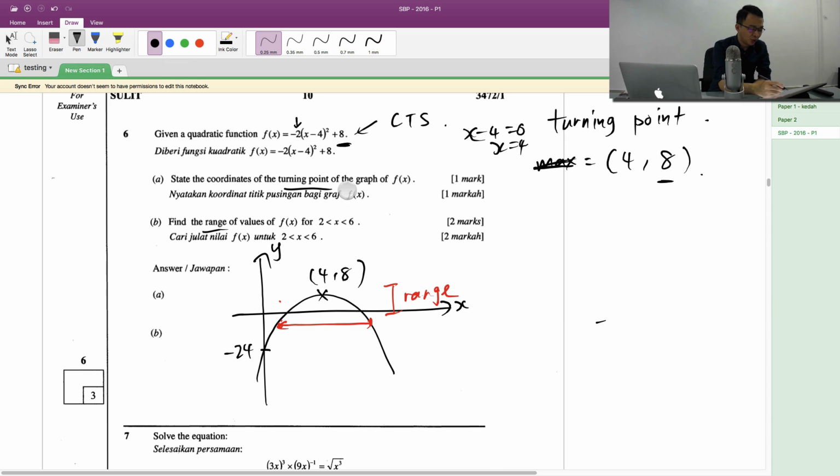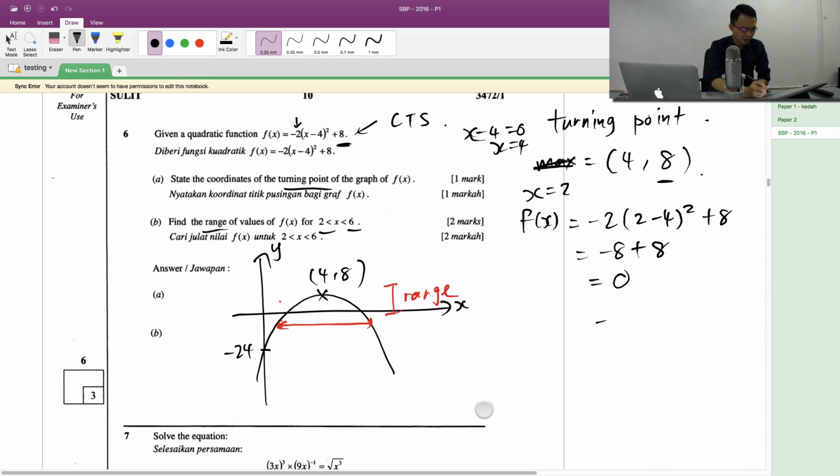Basically, substitute 2 and 6 into the equation to find f(x). Let's say x equals 2: negative 2 times (2 minus 4) squared plus 8. Negative 2 times 4 is negative 8, plus 8, so you get 0.